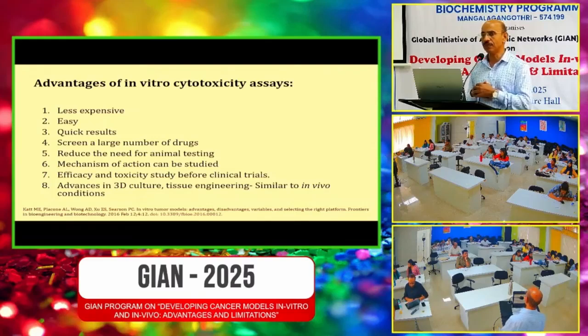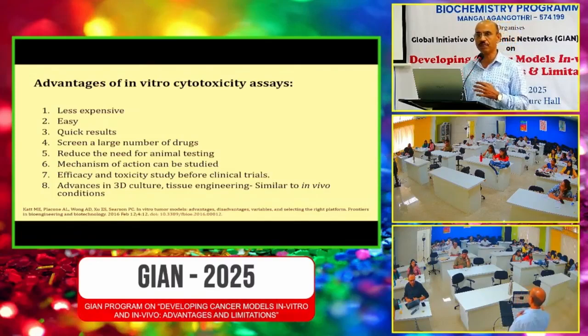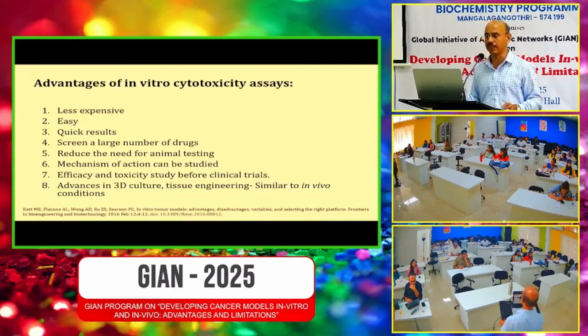As I told, the animals need some time, because once you induce the tumor, tomorrow itself it will not grow into complete size. You have to wait, you have to have patience, and that will take you a long time to get the results. But in in vitro studies, you will get results much faster.